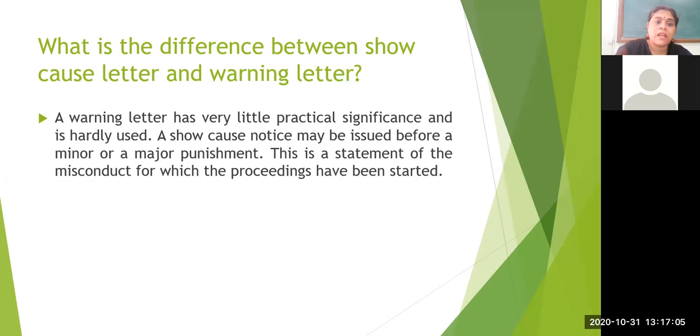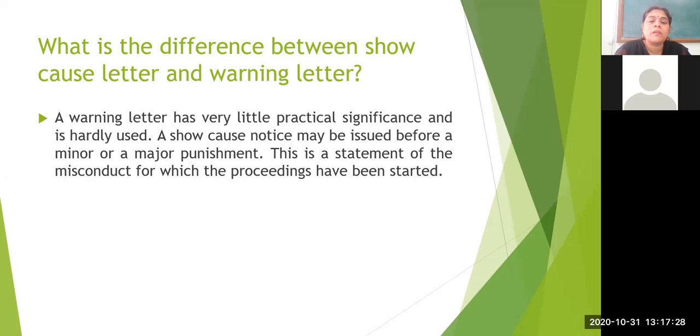A warning letter has very little practical significance and is hardly used. Many organizations give an oral warning, so a warning letter is rarely used in the organization. A show cause notice may be issued before a minor or a major punishment.